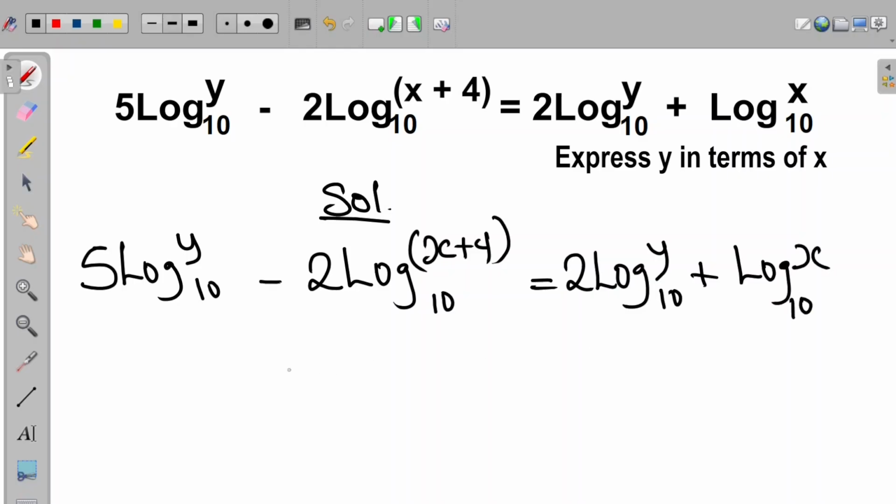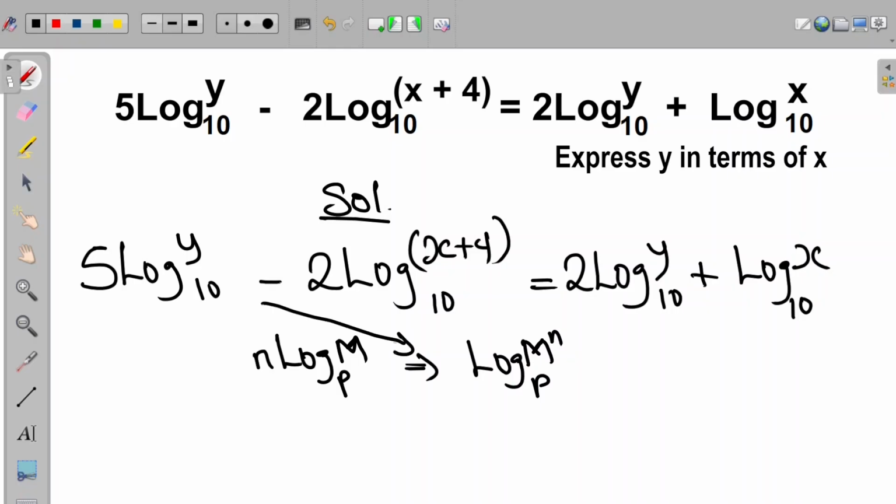Now recall that from our laws of logarithm, if n is multiplied by log m to base p, this can also be expressed as log m raised to the power of n to base p. So therefore, we apply this rule at this point and also at this point.